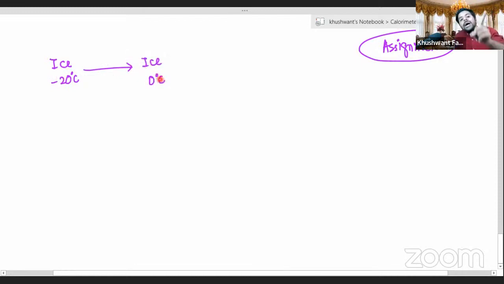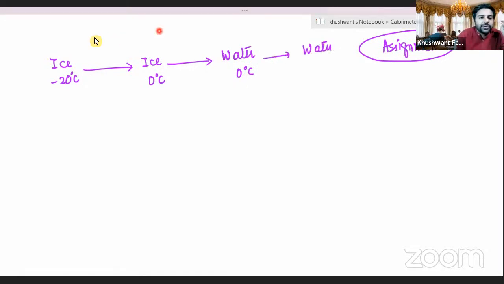When it reaches 0, at this point it will absorb latent heat and convert into water at 0 degrees Celsius. After this, again, the water will start heating up and will change into water at whatever given value you are writing.